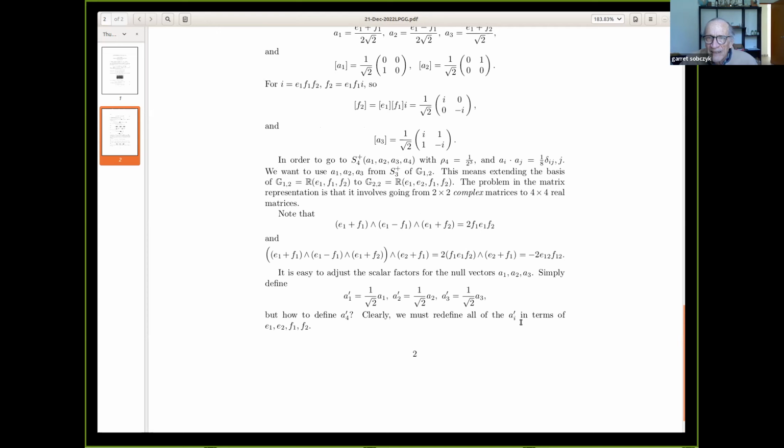Your problem then is looking for this null vector basis, this A1, 2, 3, and 4. Yeah, I'd like to redefine A1, A2, A3, and A4 such that the inner products are all equal to 1/8. Well, I could simply adjust the scale factors using the old definition, but that's not good enough because I've got A4 to define.